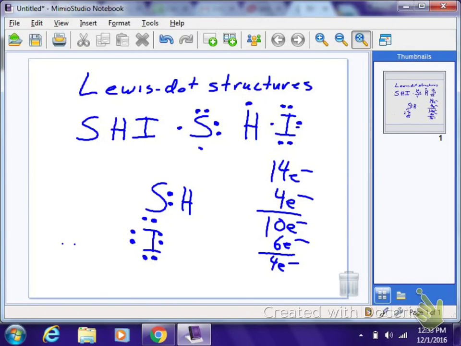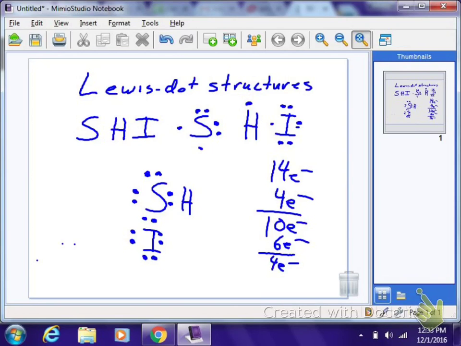Number 5 also says if any electrons remain left over, we have 4 of them, after supplying octets, complete an octet around the central atom if you can. So we got 4 electrons, or 2 pairs, and we're going to put them around the central atom.